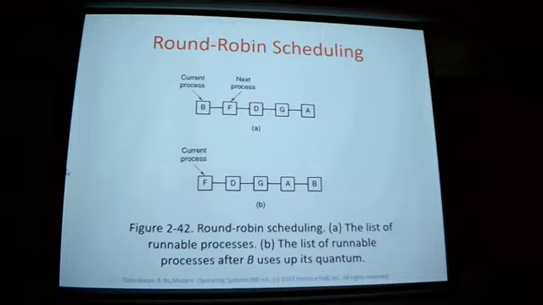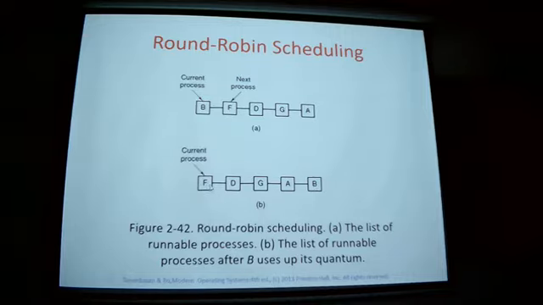For example, there are several processes: A, B, C, E, F, G. The first one is process B. Next is F, then G, C, A. When B has finished or its time slice is used up, then we begin F, and B goes to the end of the queue.